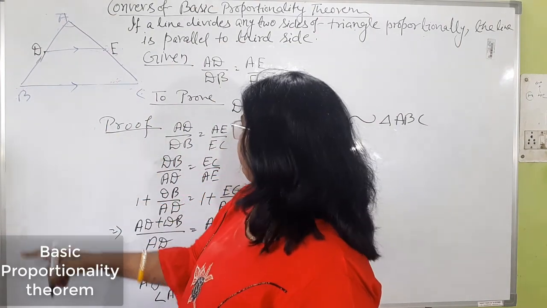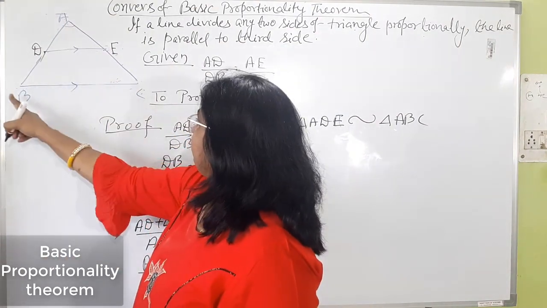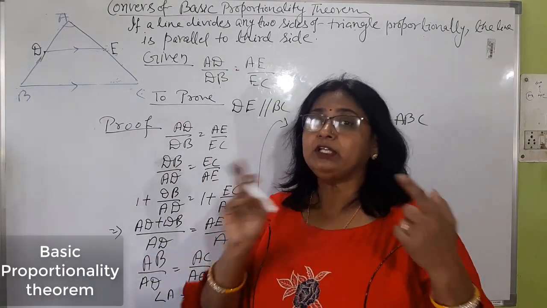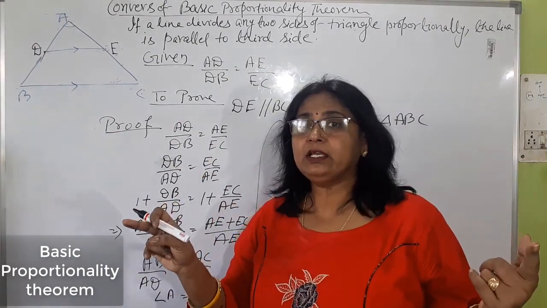Triangle ADE is similar to triangle ABC, and if both are similar, their corresponding angles are equal.